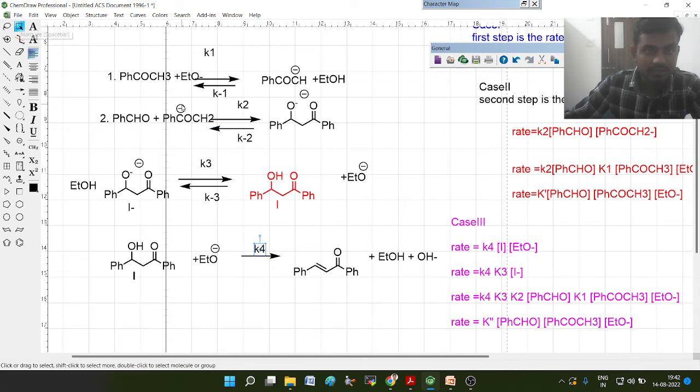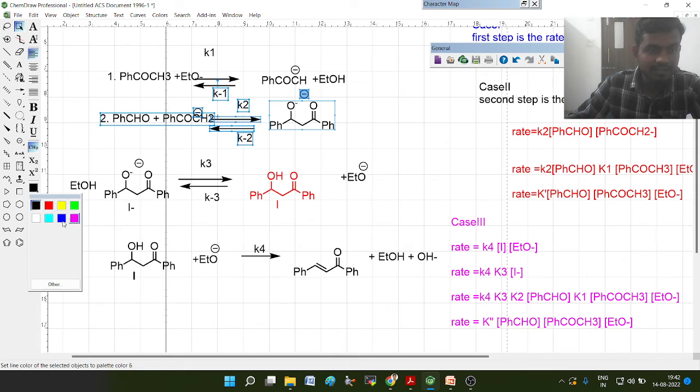Okay, sorry. So this condensation reaction is the rate determining step. What we should follow from this mechanism study is that this is the rate determining step, and this is experimentally proven.